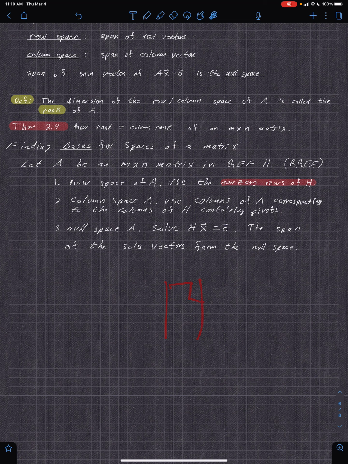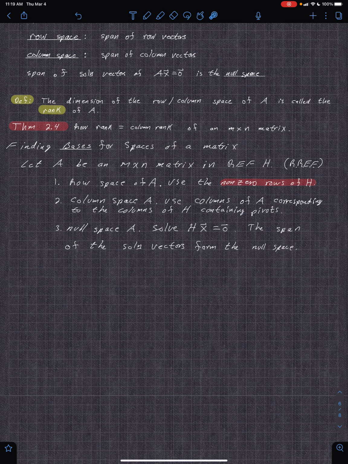That's how you define the basis for the column space, and I'll show you that as well. The null space is solving that system. We've done that, and you just take those vectors. You take the span of the solution vectors. Remember, you get those vectors with t plus another vector with s or something like that. So you just take these vectors and span those.